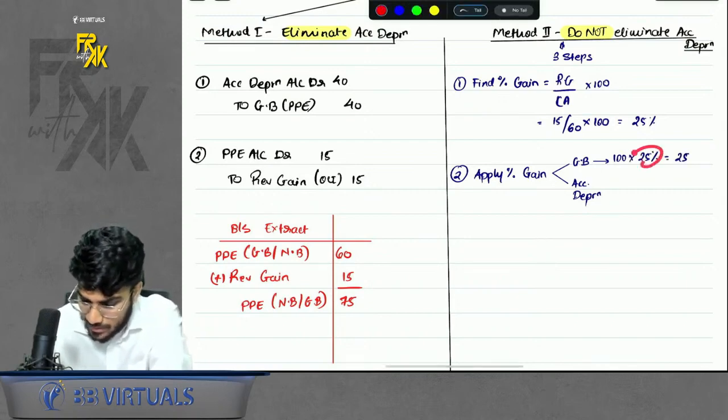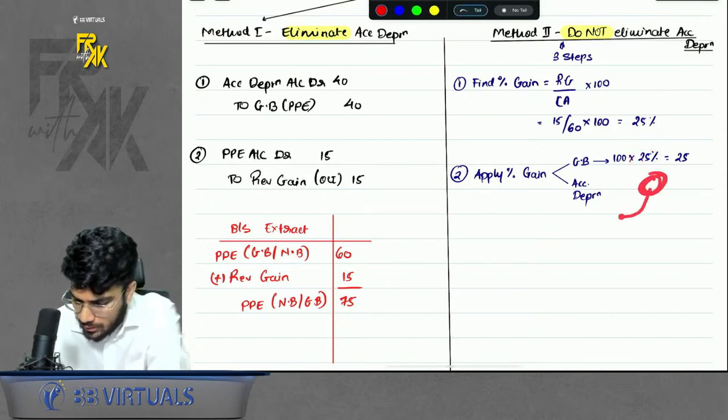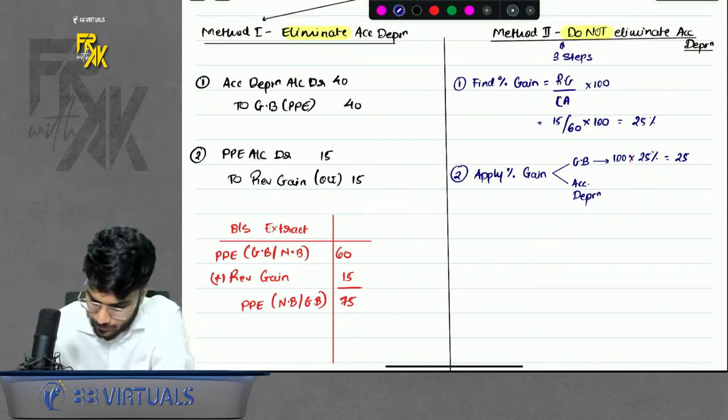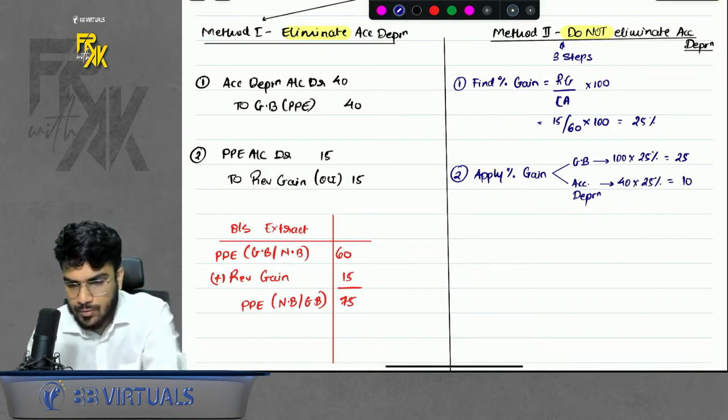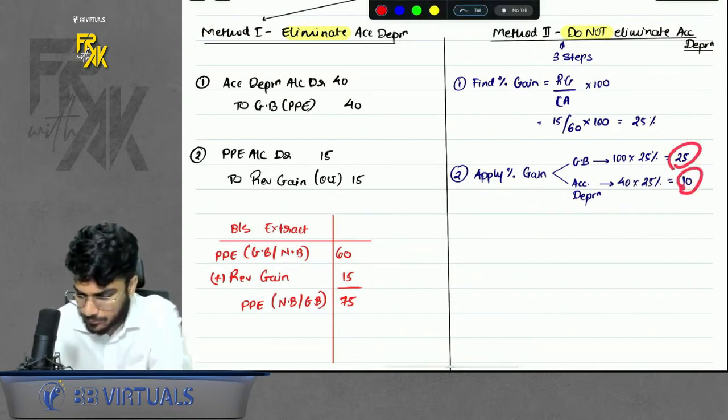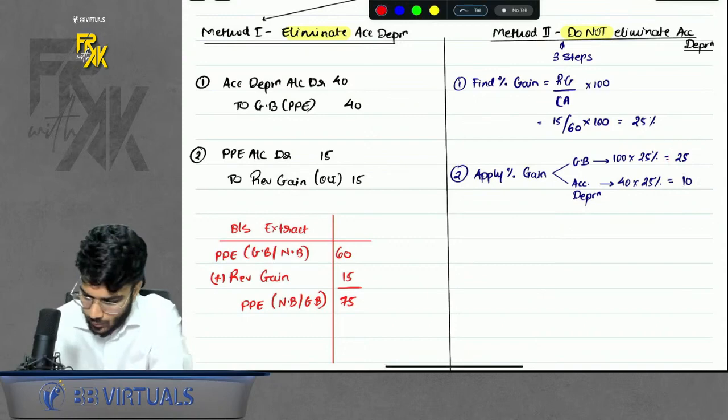Because we are applying the percentage on gross block. Also, we will have to apply this percentage on accumulated depreciation, that is 40 into 25%. So we'll get the amount as 10. So you got these 2 amounts. On gross block, when you applied, you got 25. On depreciation, when you applied, you got 10.